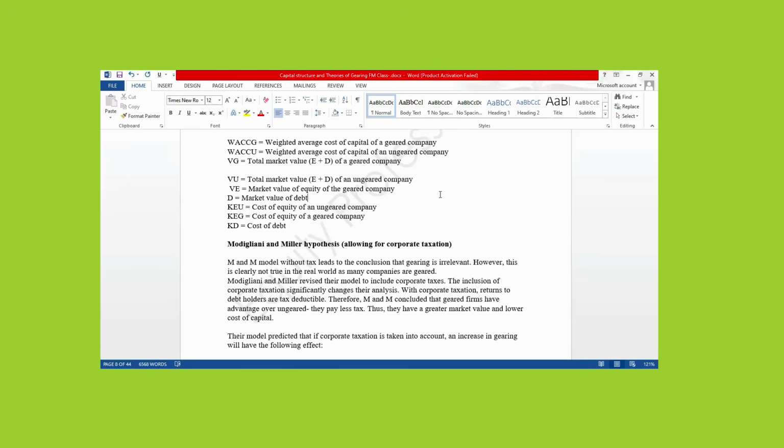However, Modigliani and Miller later revised their model. They revised their initial model to include corporate taxation. The inclusion of corporate taxation significantly changed their analysis.